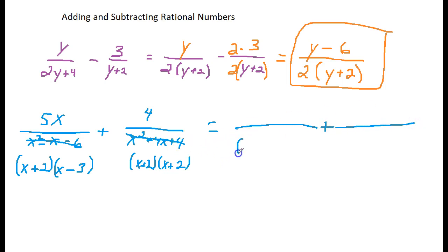I'm going to cross off an x plus 2 from each of these to remind myself that I've used it. Now, what is left are not common factors, so I have to copy both of those down.